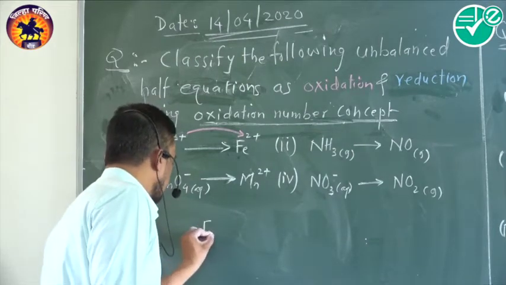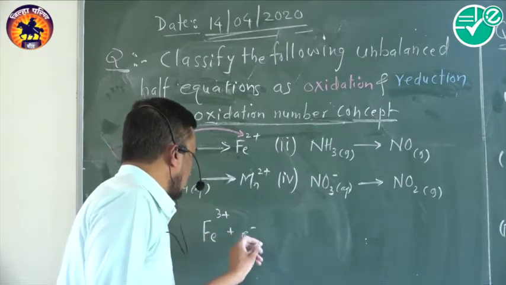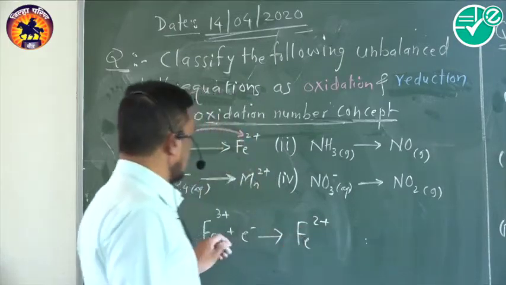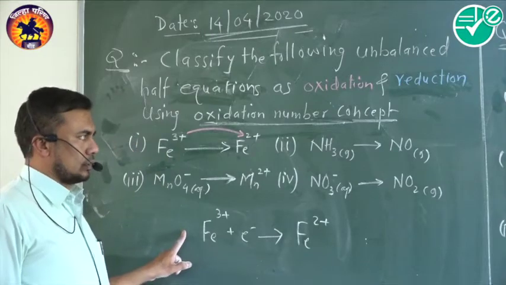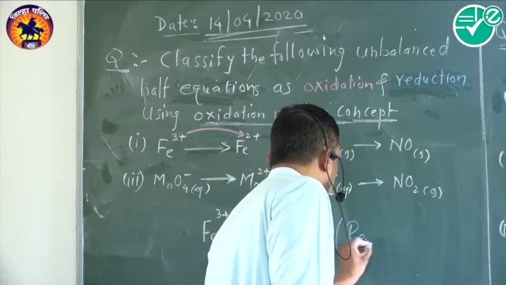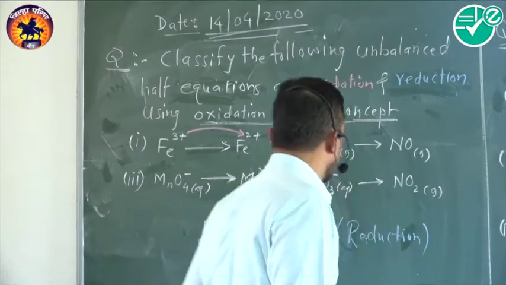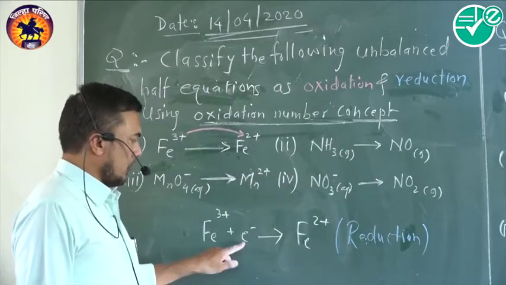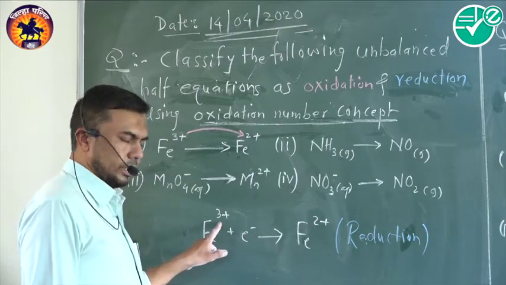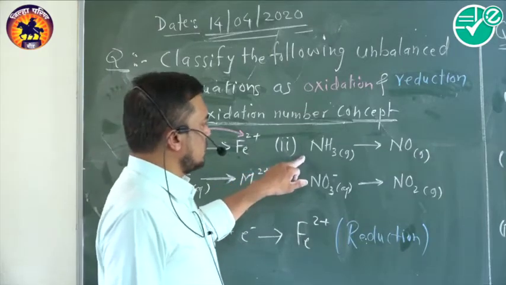Such a process is called reduction. So here it is a reduction reaction. Simple. Here the oxidation number or oxidation state decreases, so it is a reduction reaction.